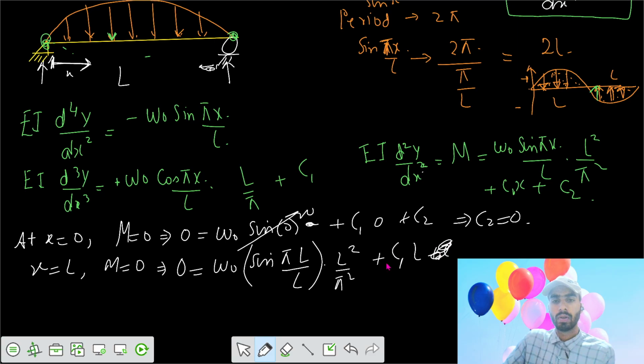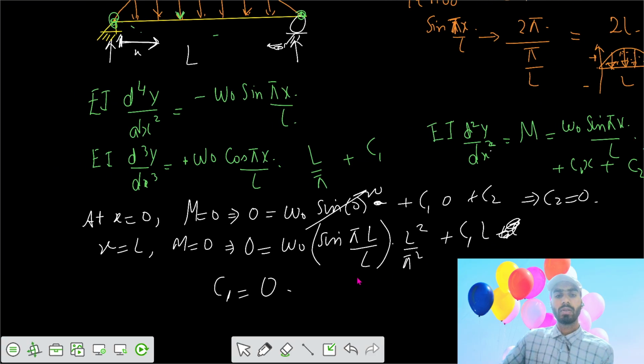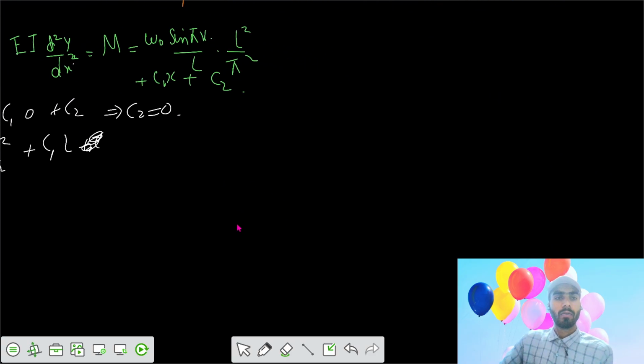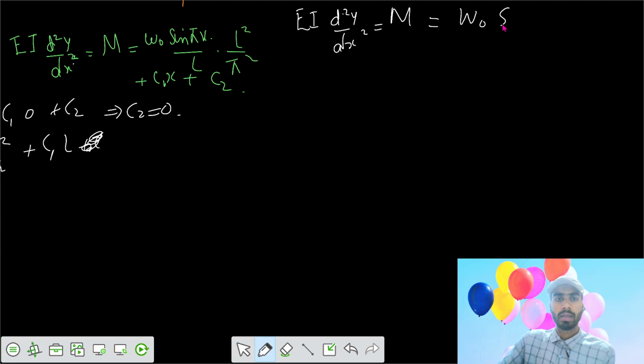C2 is 0, and the sine function is also 0, sine pi is 0, so your C1 is also 0. So we get the final bending moment equation: EI d2y by dx2 equals your moment equation M, which equals W naught sine pi x by L into L square by pi square.